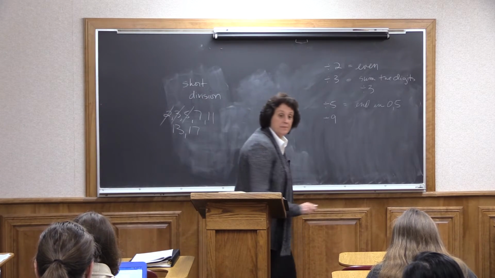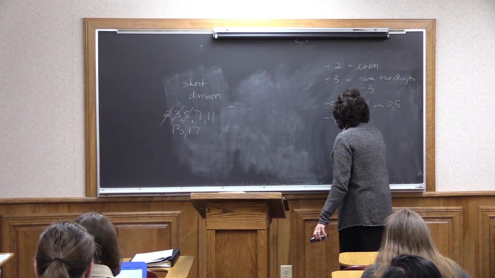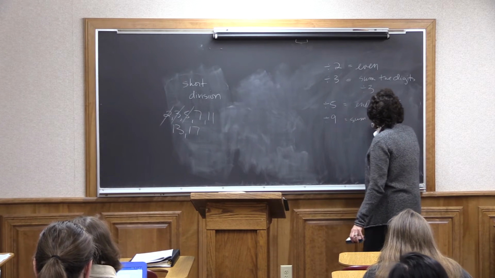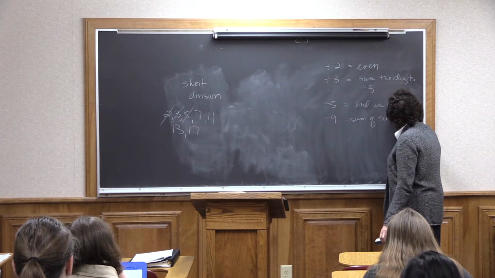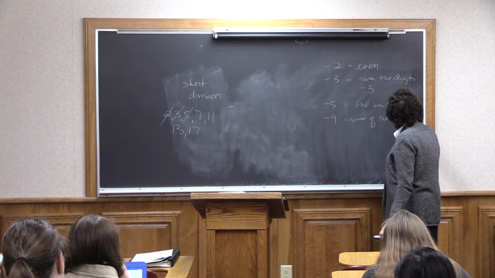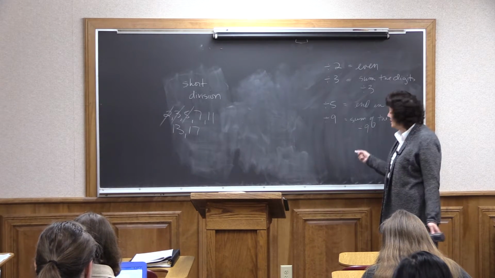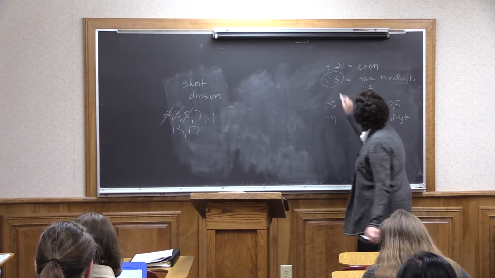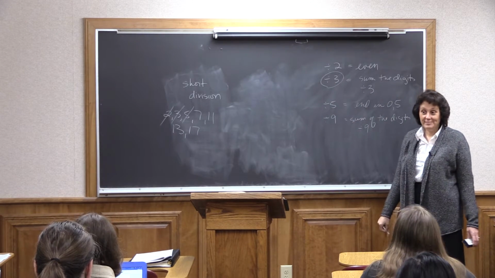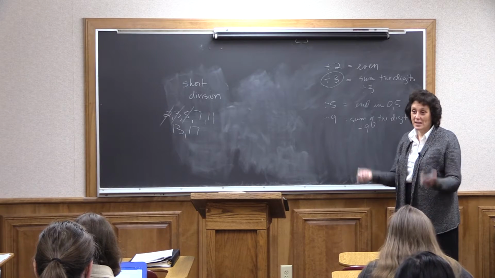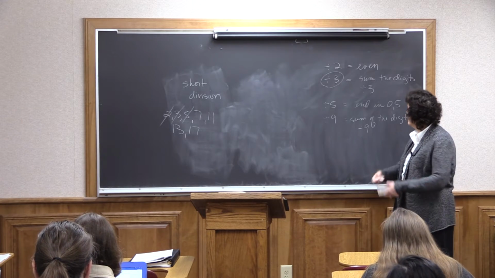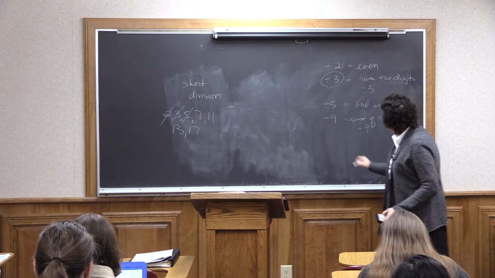You know why? If the sum of the digits divides by 9, then the whole thing divides by 9. Because 9 is the square of 3, right? So if we use the same rule for 3, we can apply it to 9.